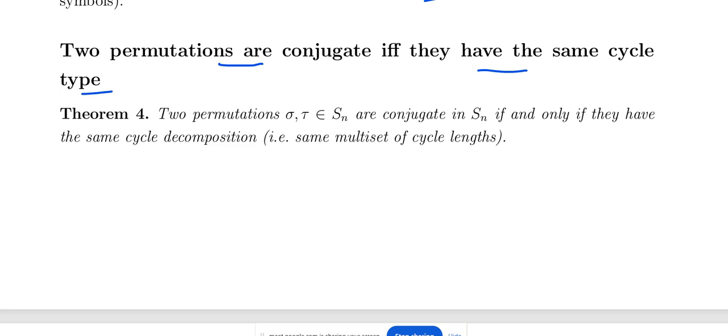Two permutations conjugate-ஆ இருக்குன்னா they have the same cycle length, ரெண்டும் cycle length சேமாக இருக்குன்னு அர்த்தம். இப்போ sigma, tau belongs to Sn நம்ம எடுத்துக்கிறோம், well, that is conjugate in Sn னா that means if and only if they have the same cycle decomposition, same cycle decomposition, okay. Cycle length சேமா இருக்கு அப்படின்னு அர்த்தம், then that is called the two permutations are conjugate in Sn.